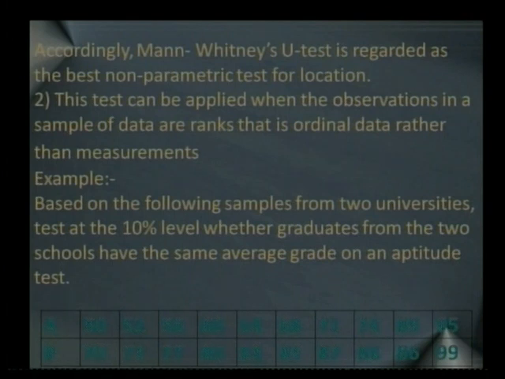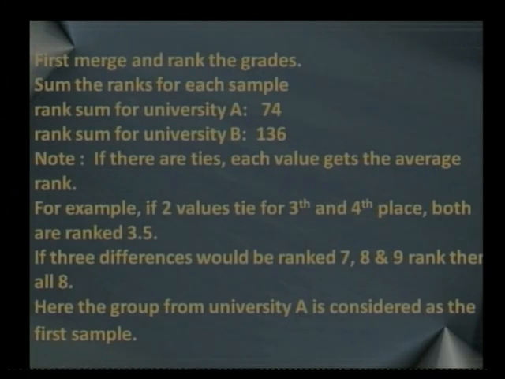Let me say the first data is related to university A, and the second data is related to university B. The data for A is 50, 52, 56, 60, and so on, and data for B is 70, 73, etc. So again, what's the procedure?